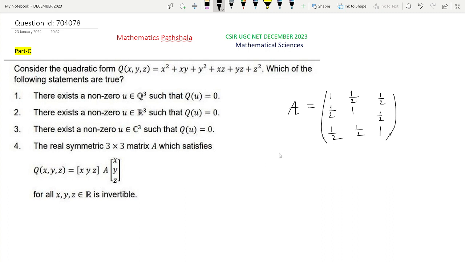So if we apply congruence operation to this matrix, then we find a matrix which will be congruent to the given matrix in its simplest form.